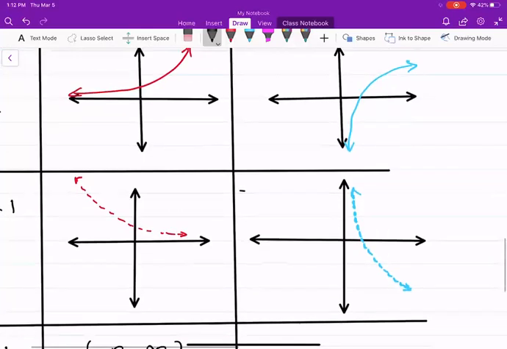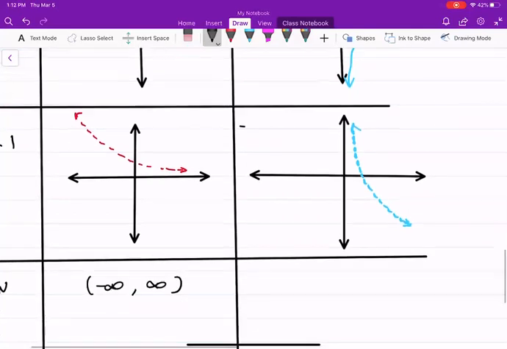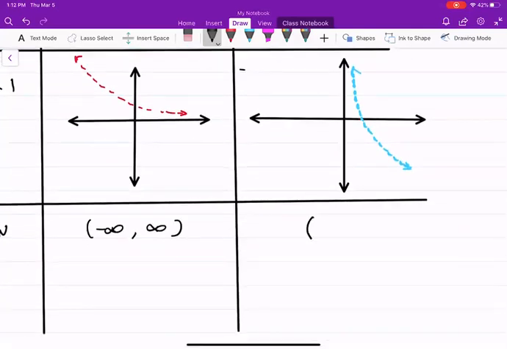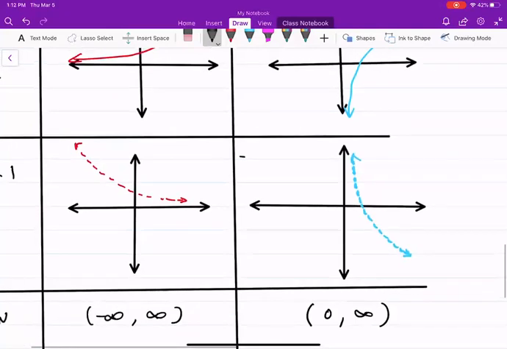Look at the graph. Look at the domain. Very, very close in reference to the infinity part. Because, aha, this is going to get closer and closer to the y-axis, right? Which is x equals 0, but it doesn't cross or touch the y-axis, right?